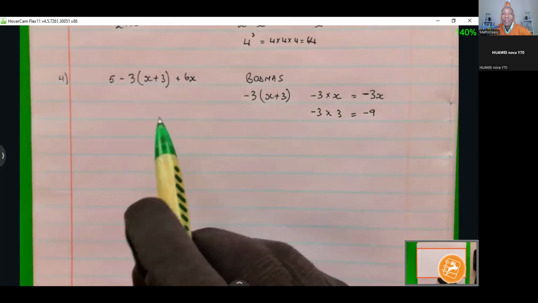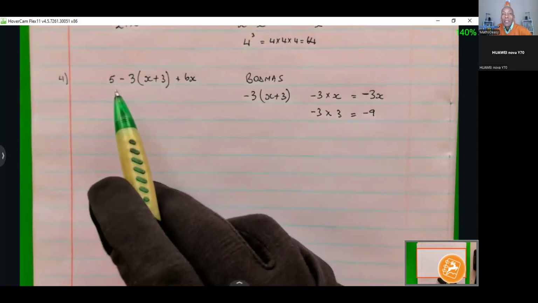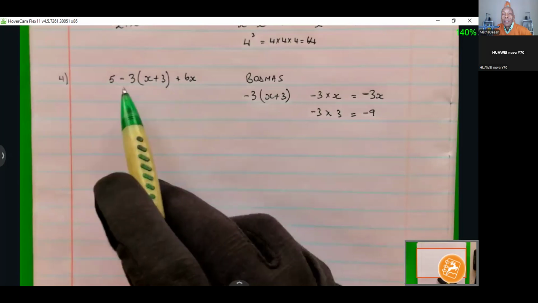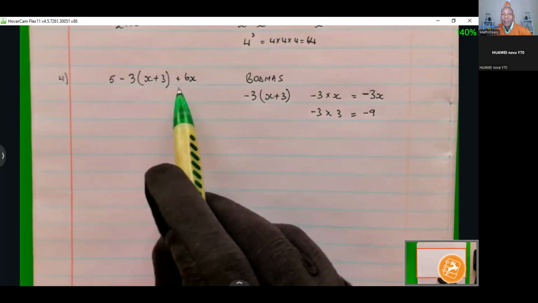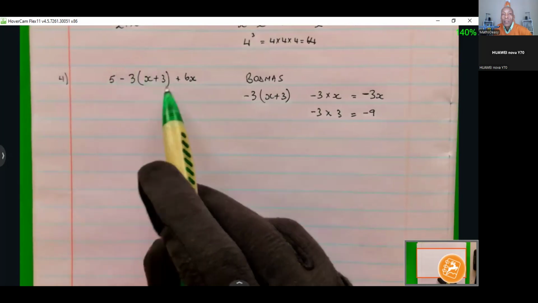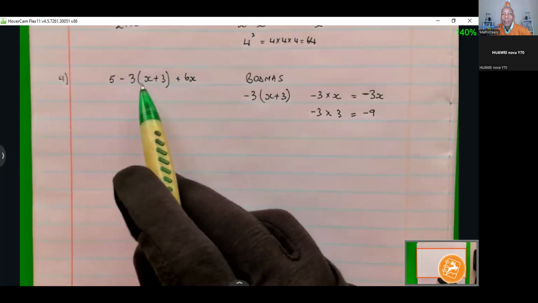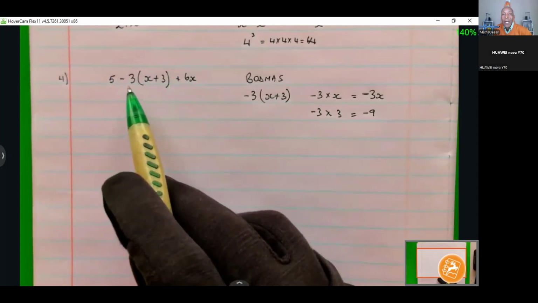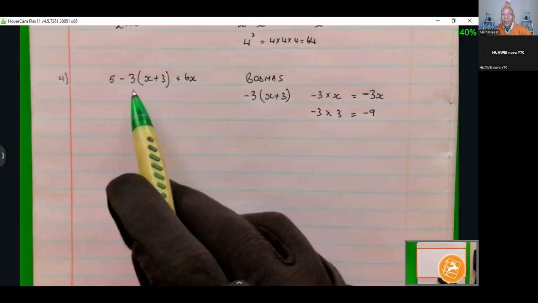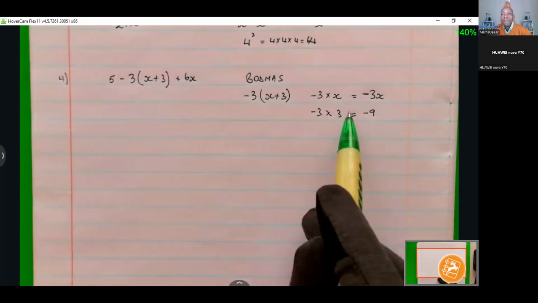Right. So it means in this simplification, the first thing you start with is the bracket. Then after solving this bracket, what did we find?